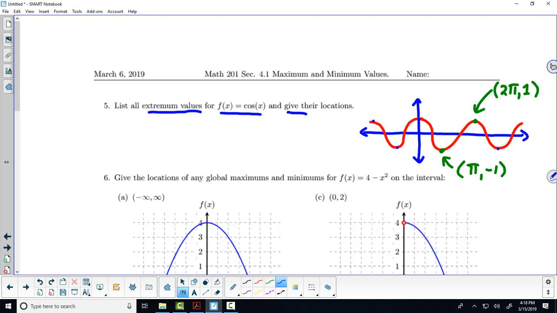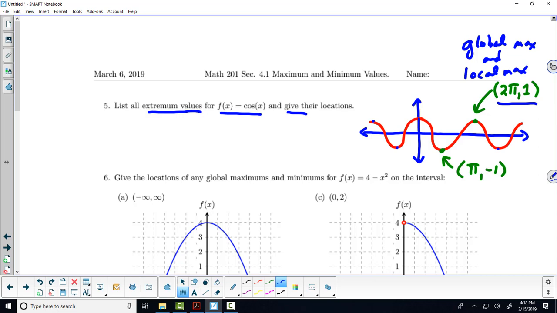All of these peaks and valleys would be local and global extrema. Take just a moment to convince yourself that, for instance, right here at the ordered pair pi over 2, comma 1, this is both a global max and a local max.